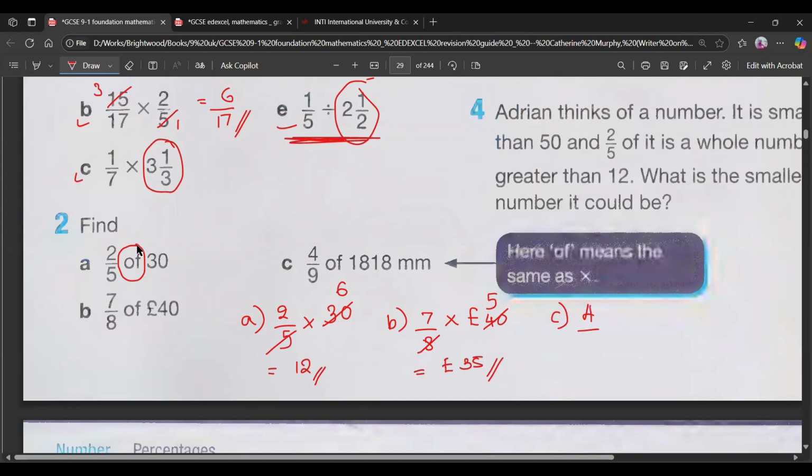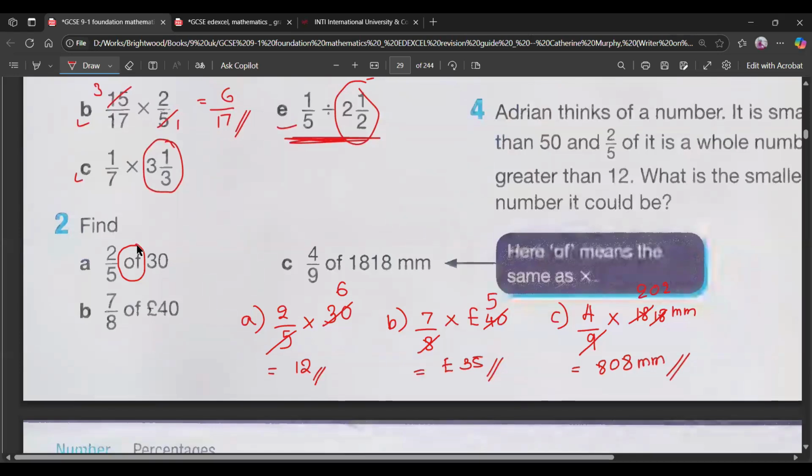Here "multiple of" means multiplication. 1818 millimeters. Now you can answer. Here 9 there are 2. For 80 there are 2. It's 202, no? 202 into 4, it is 808 millimeters.